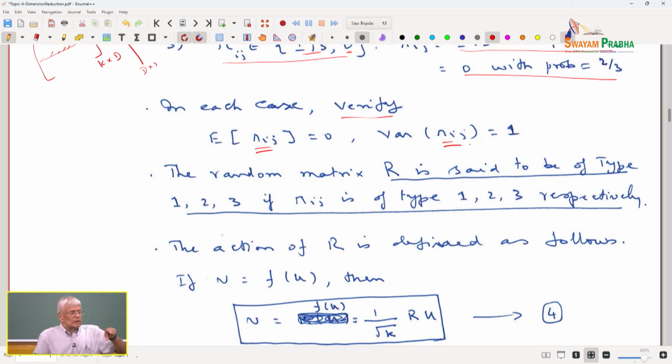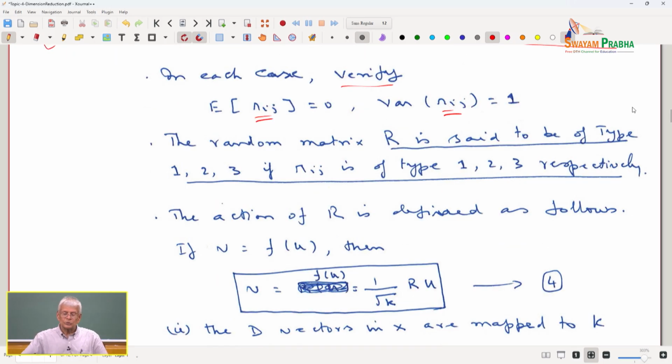So if I can induce the same moment properties for Rij, much of the proofs of the earlier types can in principle be carried over to the later types. So I would like to preserve the power of the conclusions while at the same time reducing the cost of computation. That's the idea. So type 1, type 2, type 3.